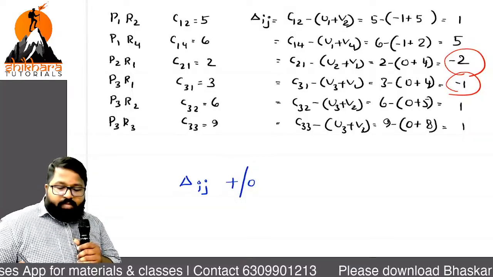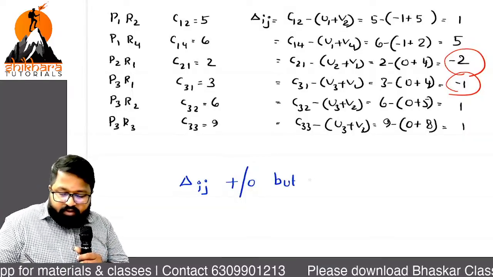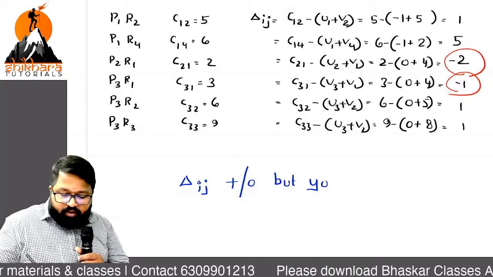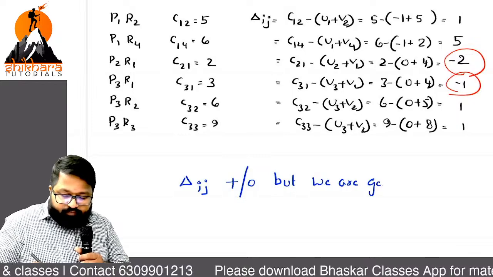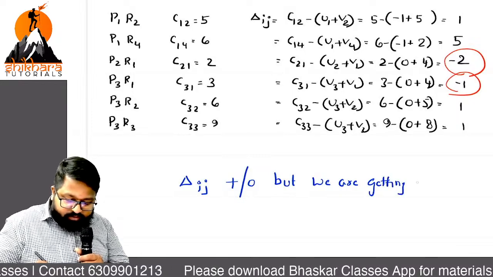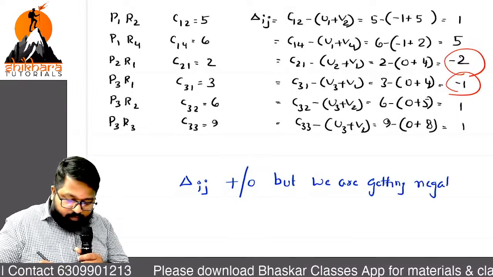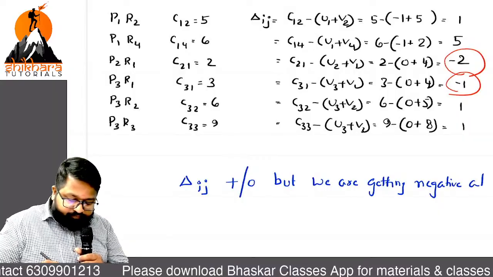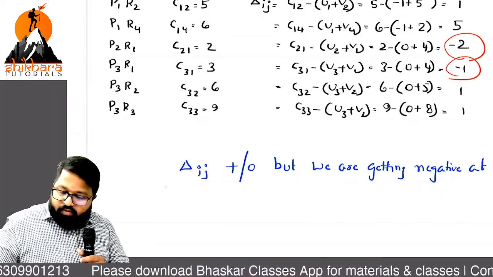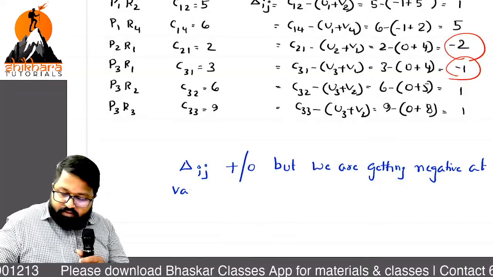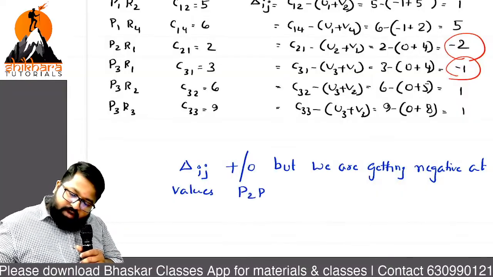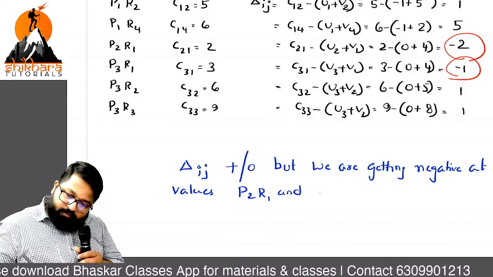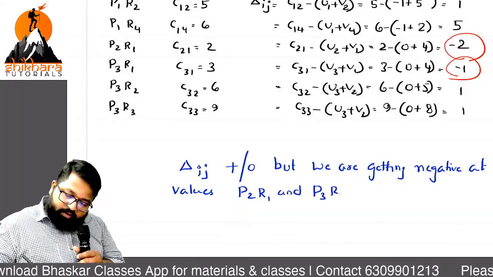But here in this case we are getting negative at two values. Write this sentence: at two values, that is P2 R1 and P3 R1.